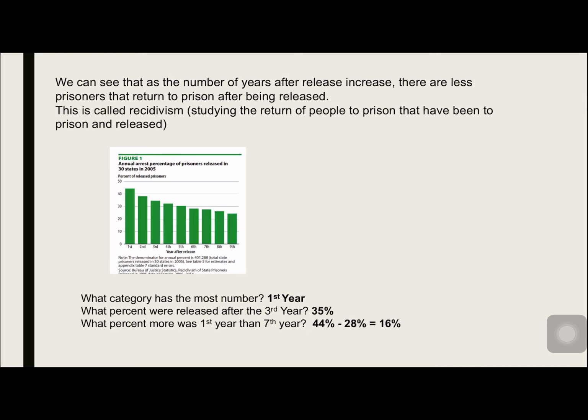So the first year is when people are most likely to go back. What about what percent after the third year? So you look, it's between 30 and 40, so 35%. What percent more was the first than the seventh? So that means take the seventh and subtract the first.